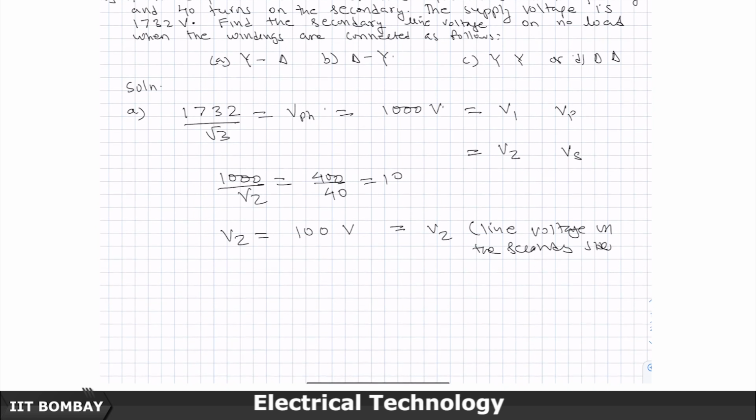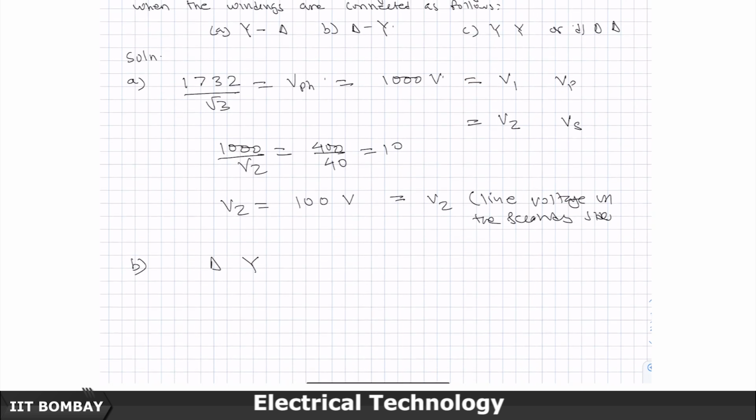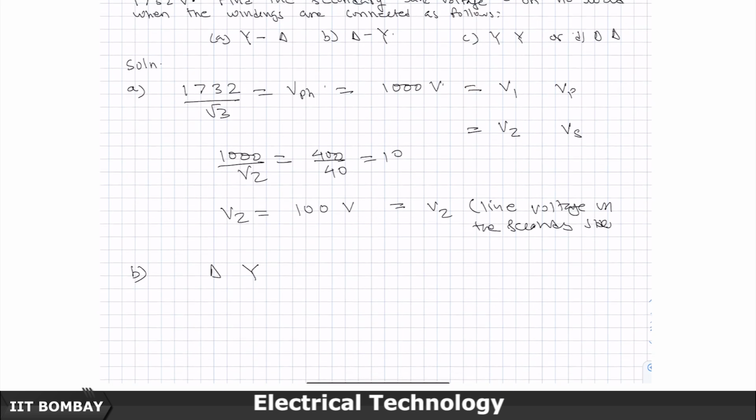Wonderful. Now, let us take the B part. The primary is in delta, and what you get on the secondary is the star.